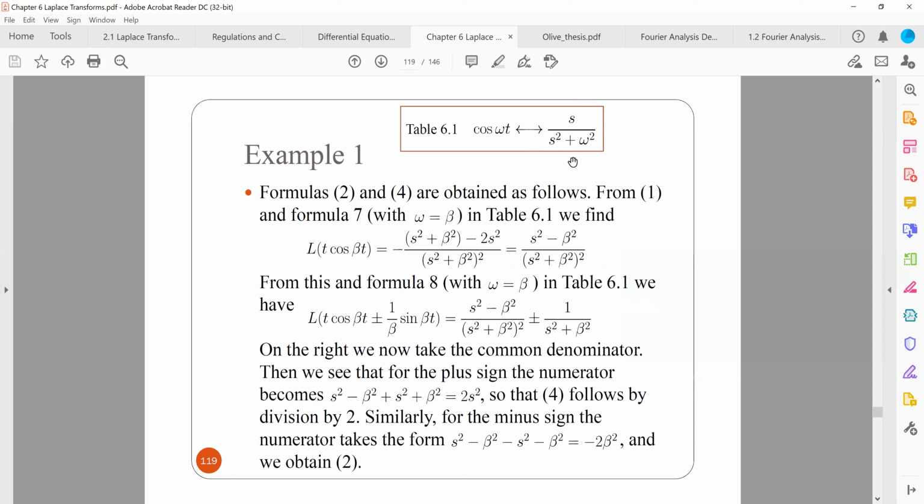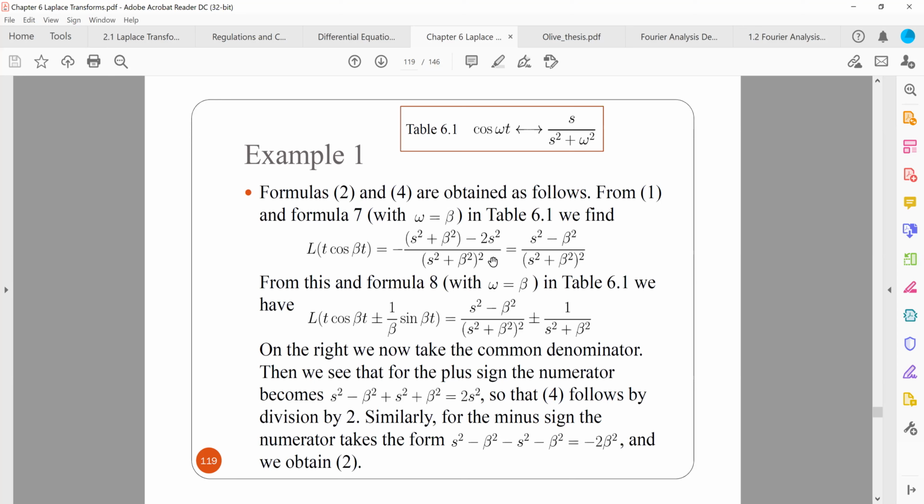So it's s over s squared plus beta squared. We then differentiate that using the same formula from the previous slide, where u will be s and v will be s squared plus beta squared.